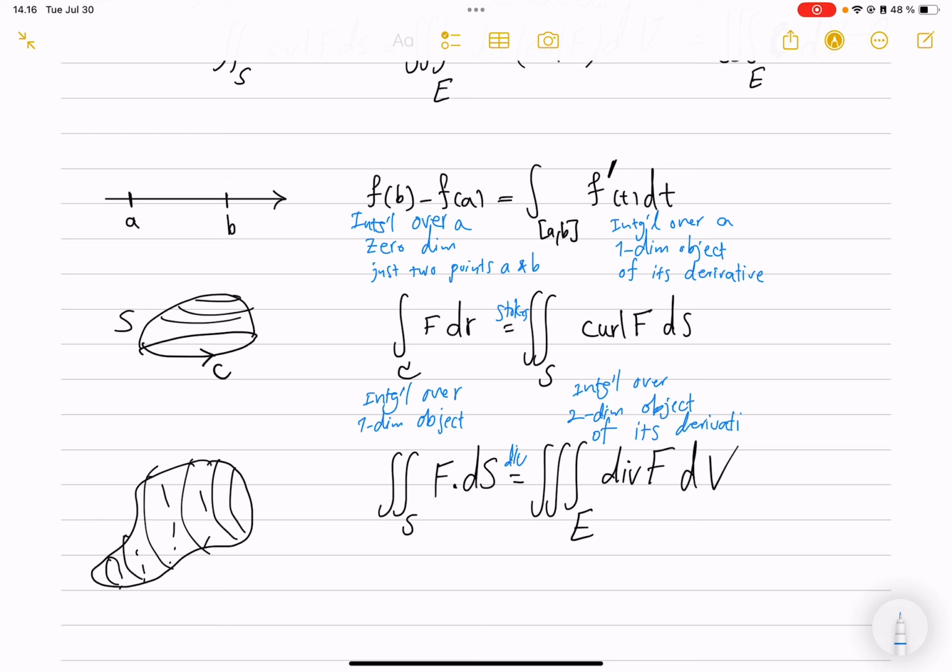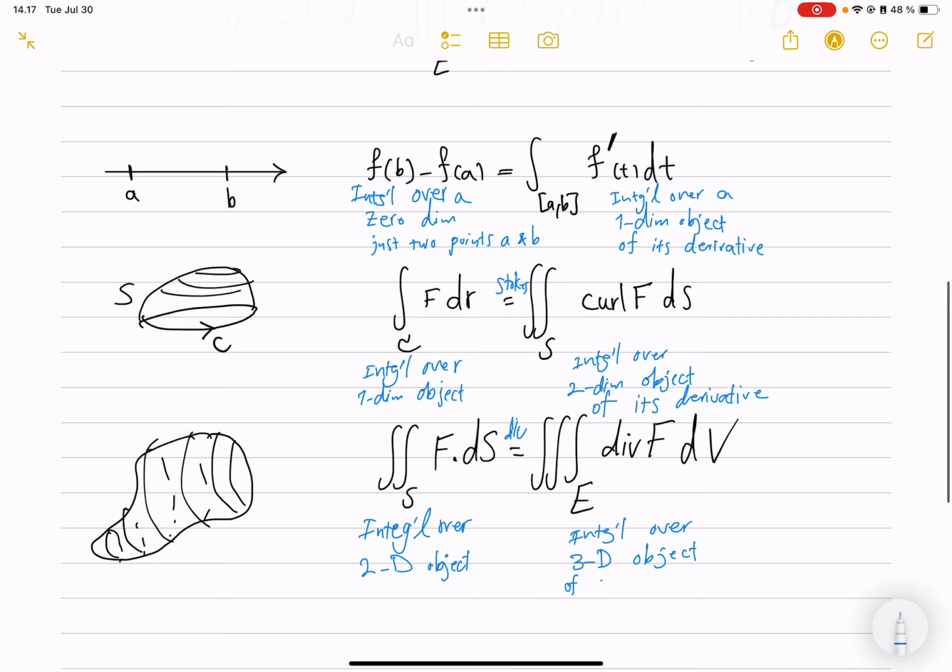And in this case, the derivative is curl, but remember curl is in terms of partials. And now here you already start with an integral over a 2D object, over the shell, the boundary, and it's equal to the integral over one dimension up. So this will be a 3D object of its derivative. And in this case, the derivative is divergence.